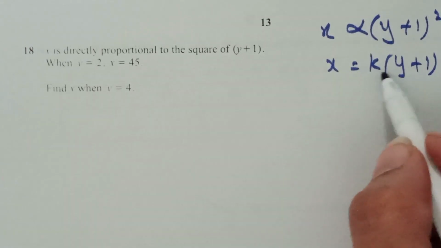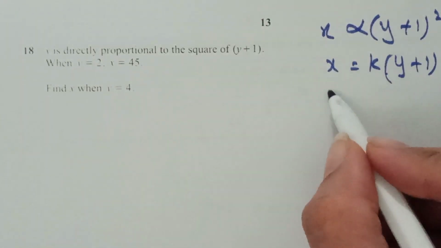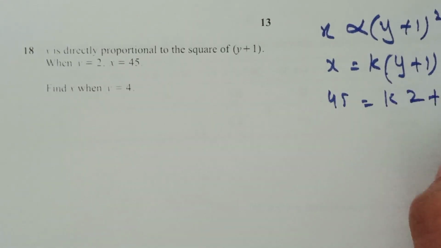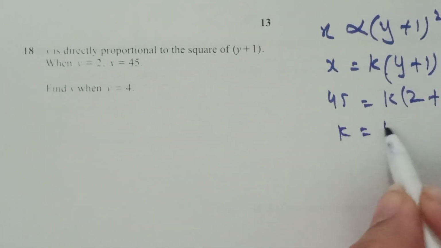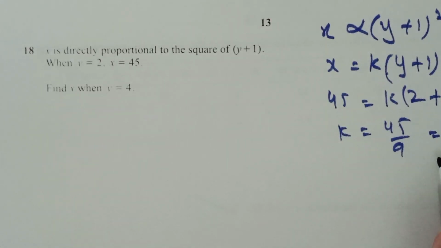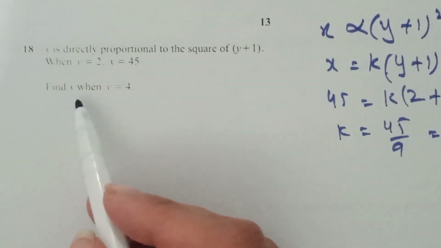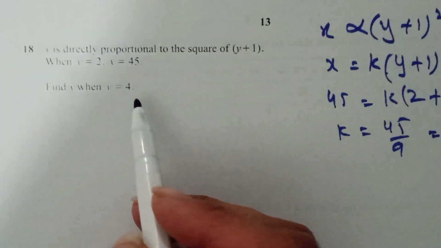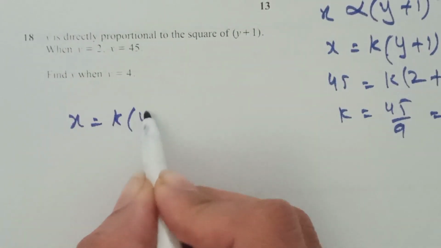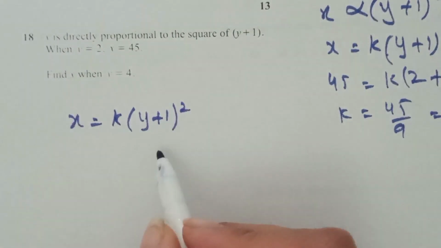First we find k by putting in the values: 45 equals k times (2 plus 1) squared, which is 9. We divide 45 by 9 and get 5. K is equal to 5. Now we have to find x when y is equal to 4.